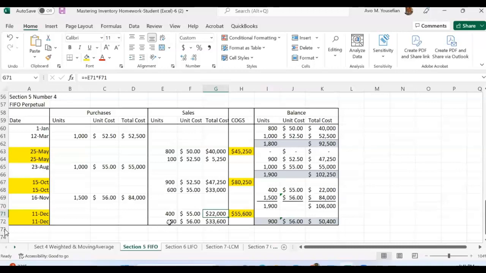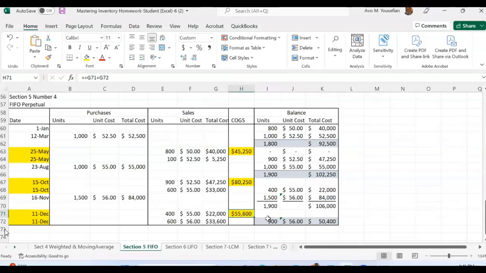Then you go to the rest, bring it from here, 600 units to make it 1,000. The cost is $56, and that's the multiplication. And then you add them up. That's your cost of goods sold.